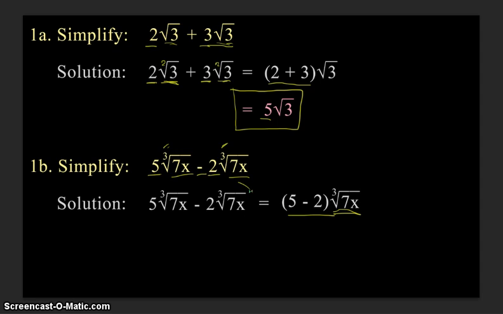So, yung common na radicals natin, isulat natin dito. And then, subtract 5 minus 2. So, meron tayong 3. 5 minus 2 is 3 times cube root of 7x. And 7x is not a perfect cube root.